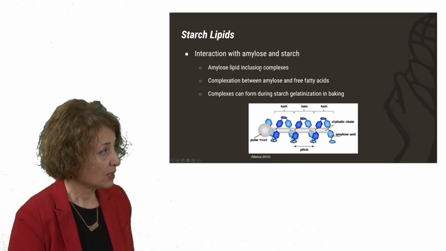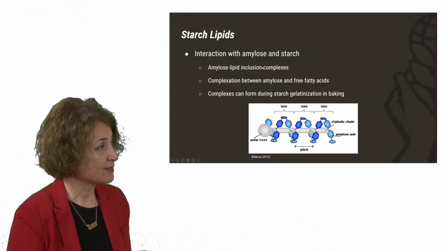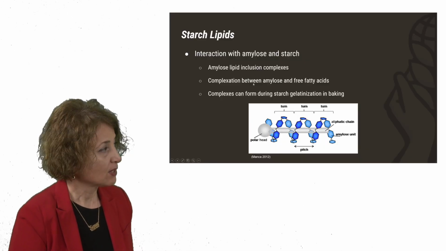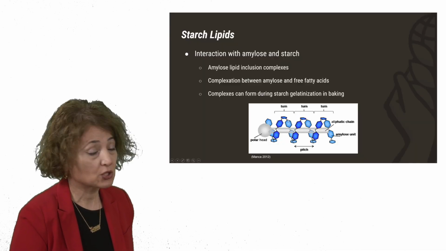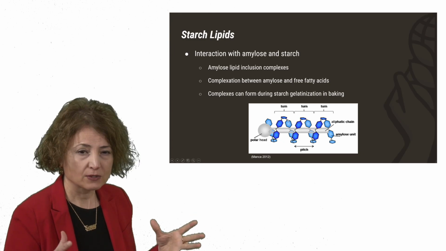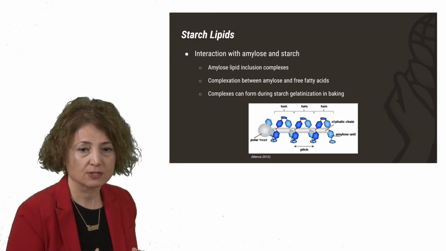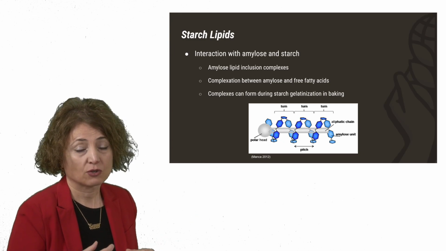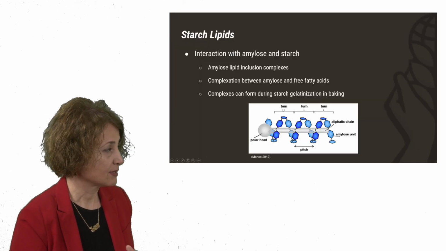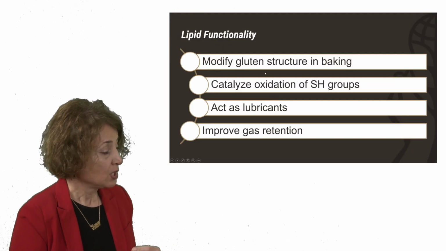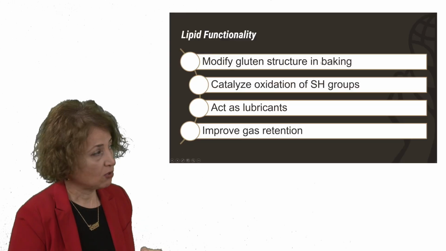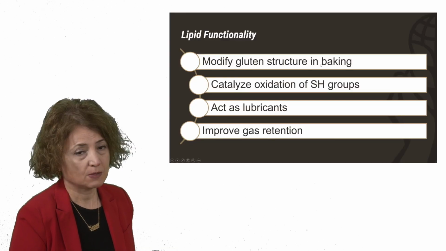So why are they important? We talked about starch earlier in the course: amylose-lipid complex formation is very important for controlling starch recrystallization and retrogradation, delaying staling. So we add some lipid compounds to control this process. Lipids also have important functionality in baking.